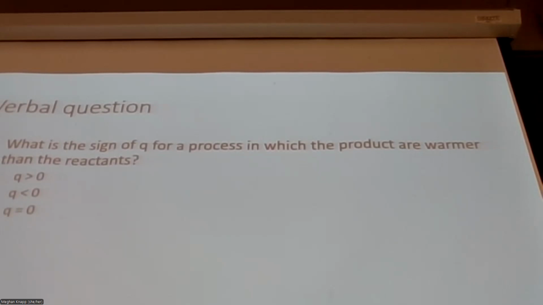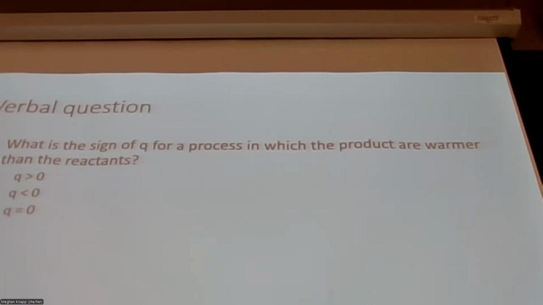When we say warmer, think about you as the surroundings feeling that warmth. Q being positive would be A, Q being negative would be B, and Q being equal to 0 would be C. So if I'm feeling some warmth come off of this reaction, what's the sign?